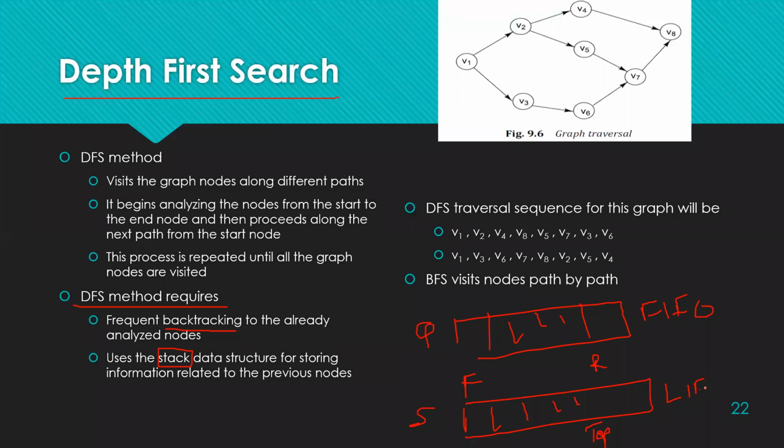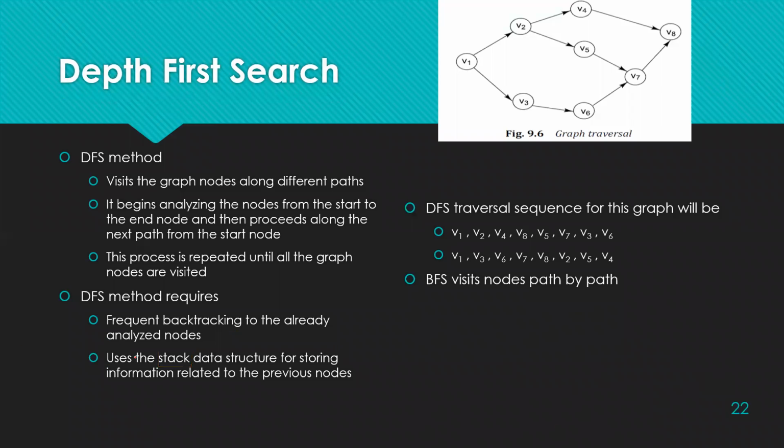That is, it works on the principle of last in, first out. So you have to use a stack for implementing DFS and a queue for implementing BFS. That is why you will be using these two, in order to identify which is the next node I need to consider.